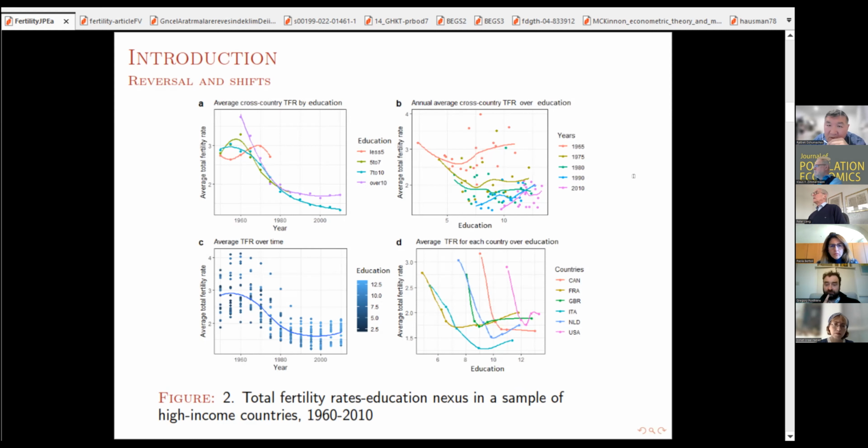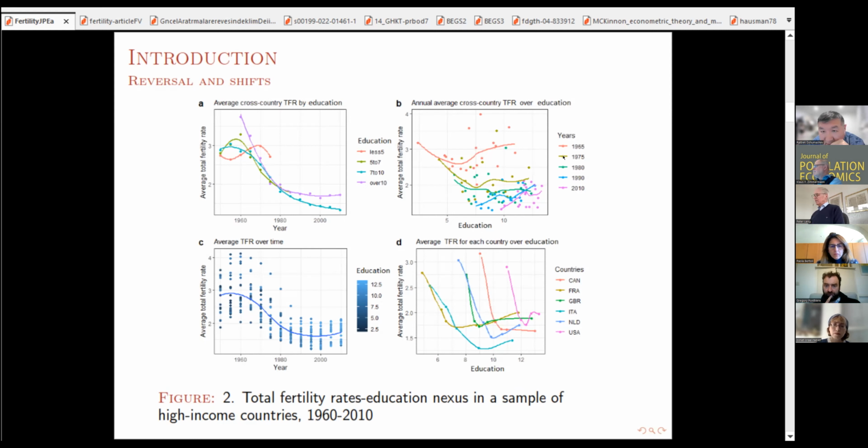If we consider another relationship, between education and average levels of total fertility rates, we again see shifts. First of all, this red curve is for 1965, and you can see it's falling lower.